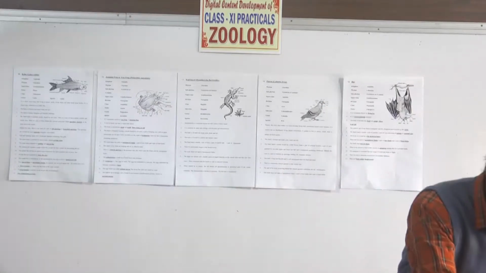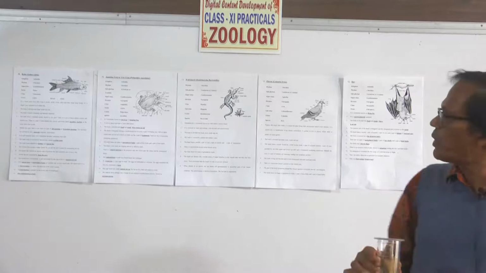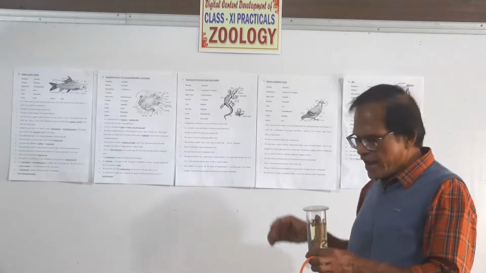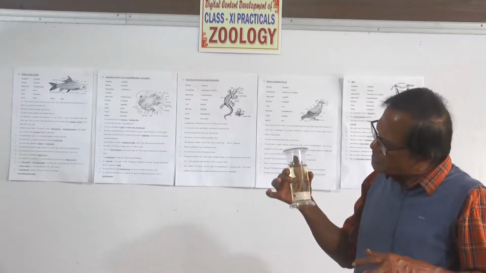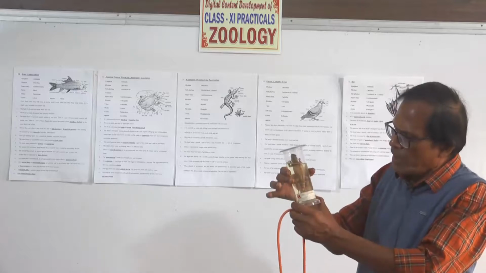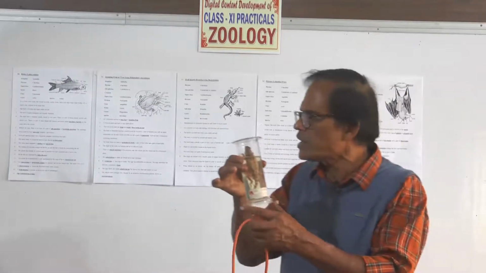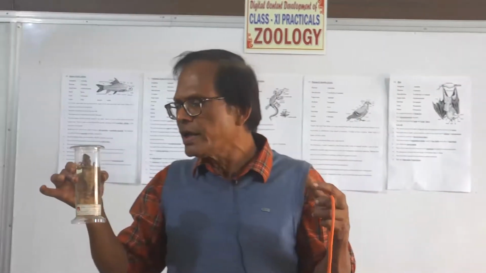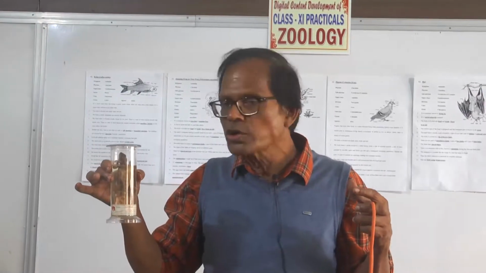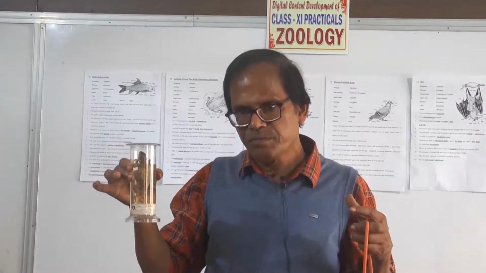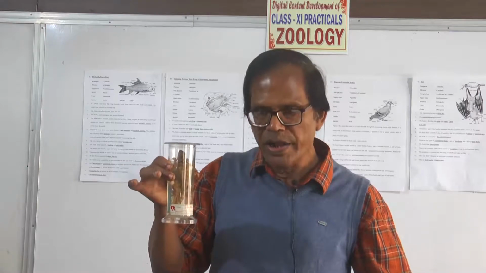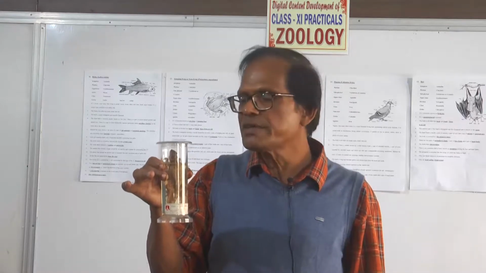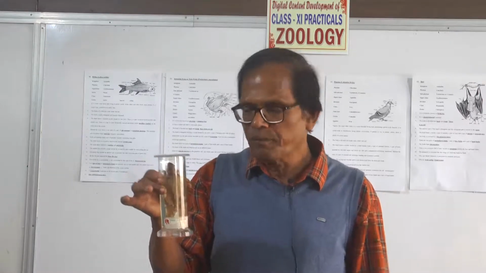Its characters are almost similar to that of the wall lizard, except for a few specializations. It doesn't live on the wall, it lives in gardens, on the twigs of trees, waiting for its prey.